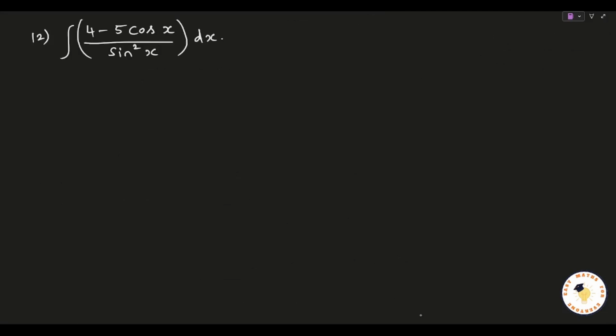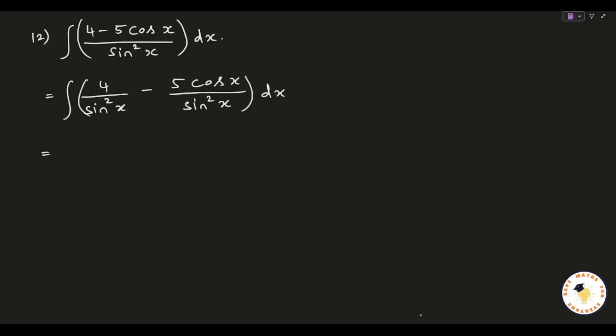Let us take this sum, integral of 4 minus 5 cos x by sin square x into dx. First, let us split this into two values, like 4 by sin square x minus 5 cos x divided by sin square x into dx.